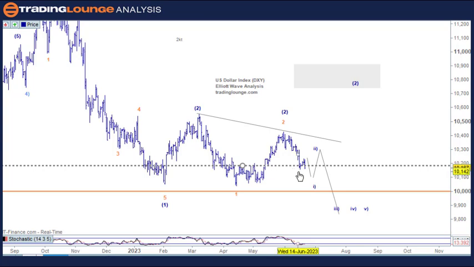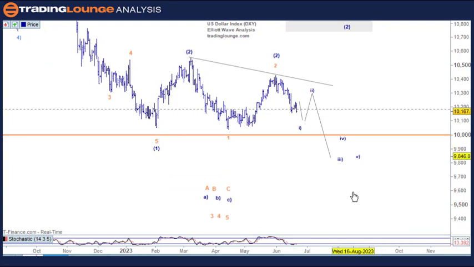The fact that it's pushing down here now is starting to give us the 5-wave move down that I'm looking for, because if we get 5 waves here, then we'll get a corrective wave here, and then we'll go. So we're starting the US dollar run to the downside.